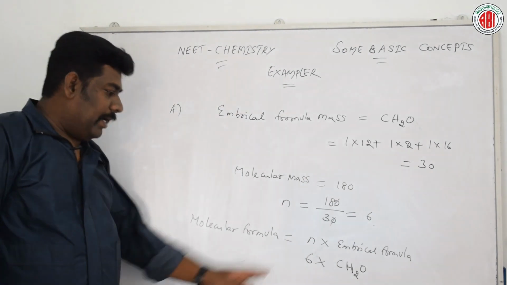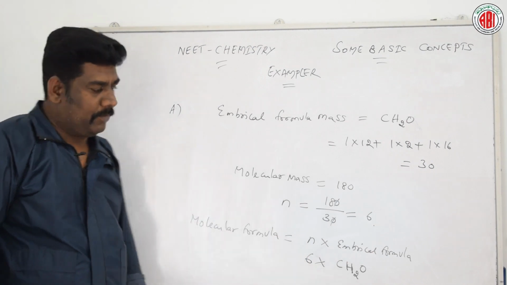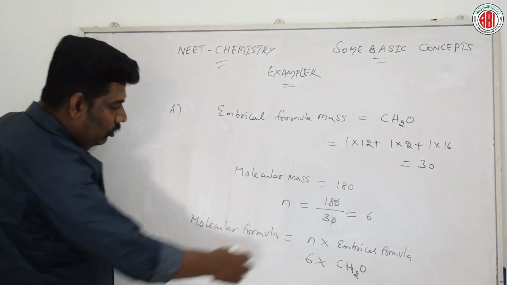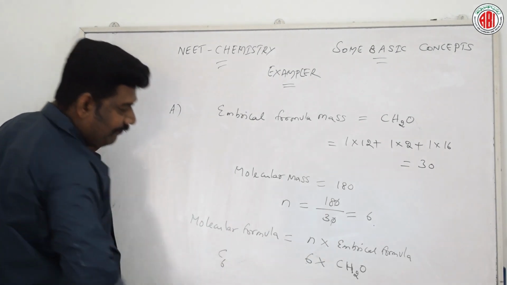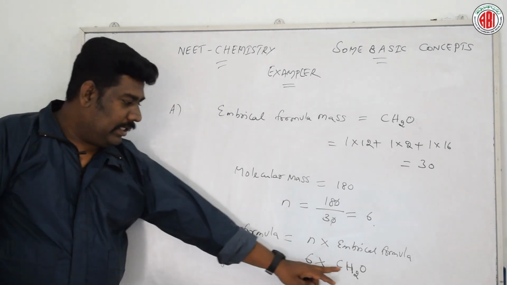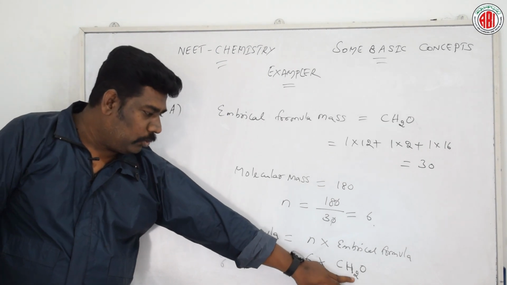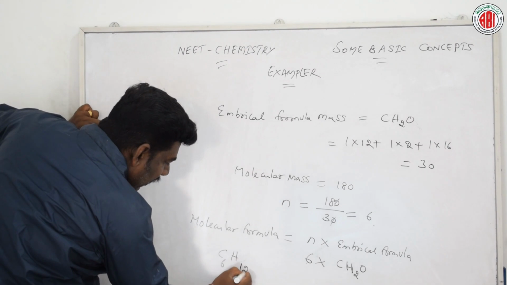Now multiply 6 with all the individual elements present in this compound: carbon, hydrogen and oxygen. So 6 into 1 carbon, that is C6. Similarly, hydrogen, 2 atoms are there, so 2 into 6 gives hydrogen 12.